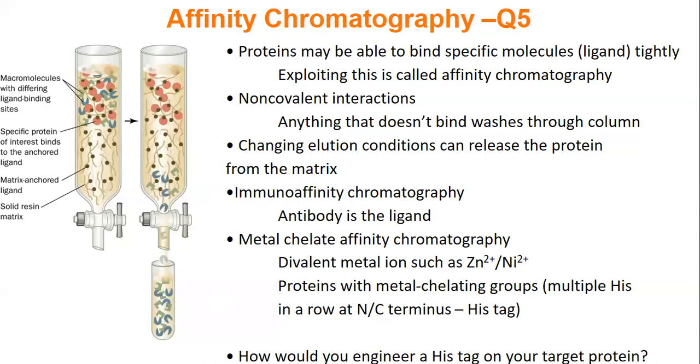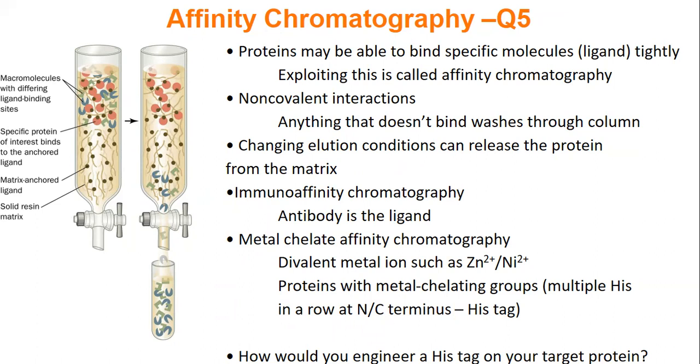So you just put a column full of zinc or nickel. Then any proteins that can interact with these metals, or chelate them, will be stuck to the column. Interestingly, this only happens to proteins that have like 5 or 6 histidines in a row, usually at the end or C terminus. And this is called a his tag.